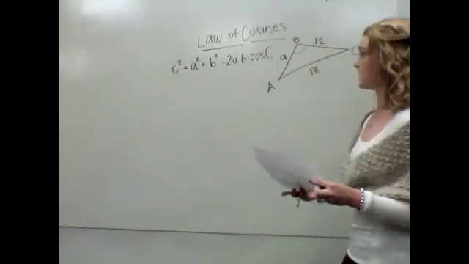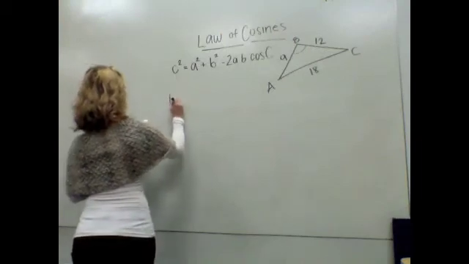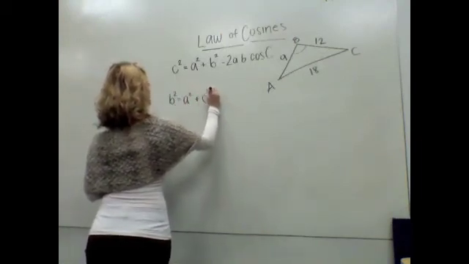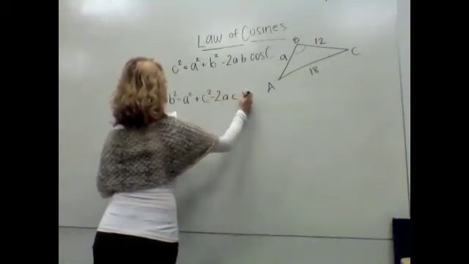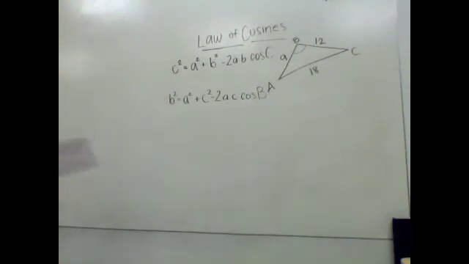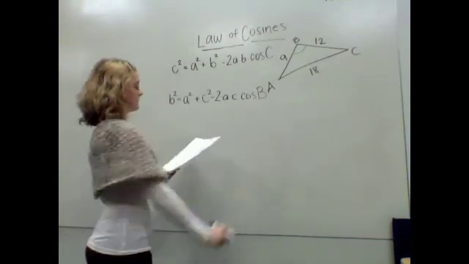So in this case, I'm going to use my B form of my law of cosines equation. B squared is equal to A squared plus C squared minus 2 times A times C times cosine of B. Now in these instances, you're going to have to use your inverse cosine because, well, you're going to have to solve for the angle.